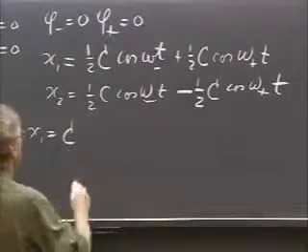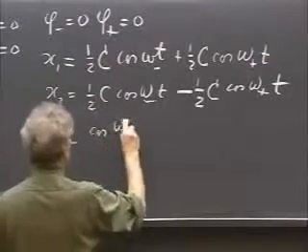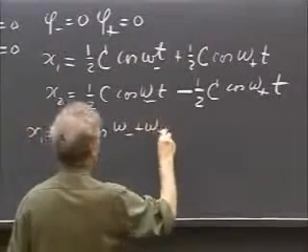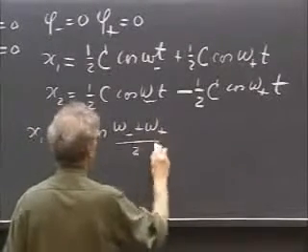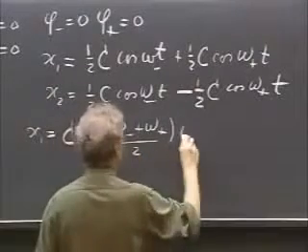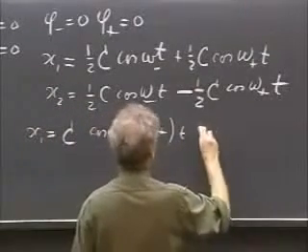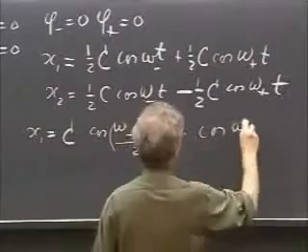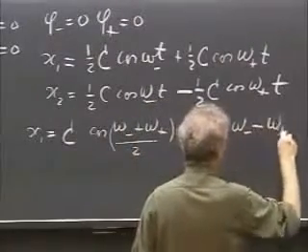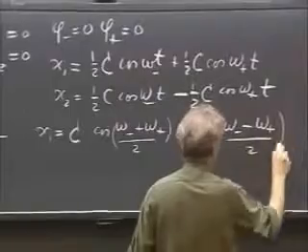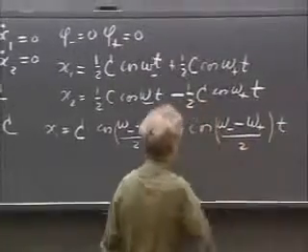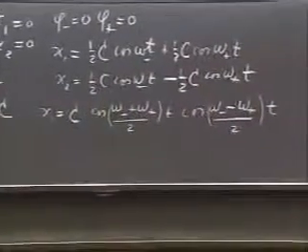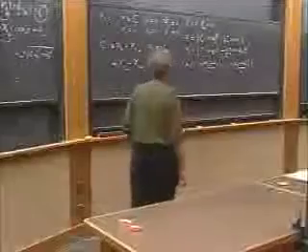So I get c times the cosine of omega minus plus omega plus divided by 2 times t times the cosine of omega minus minus omega plus divided by 2 times t. I've just rewritten it in a different form.